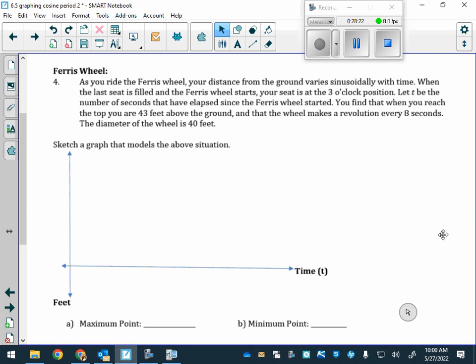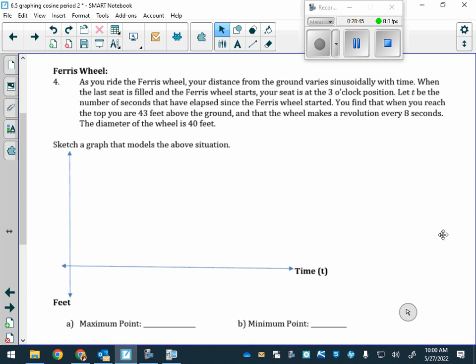Zero. It would be at 0 because think of 3 o'clock. Think of a clock, right? Isn't it 12, 1, 2, 3, 3 o'clock? Now apply it to our unit circle. Boom, 0. Where we get on, right?